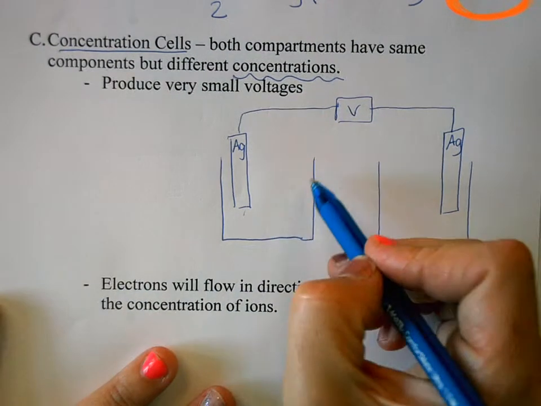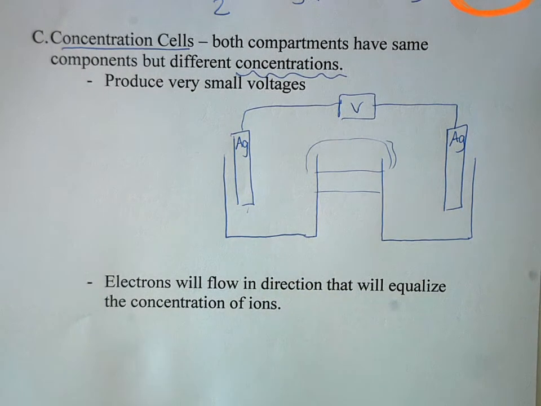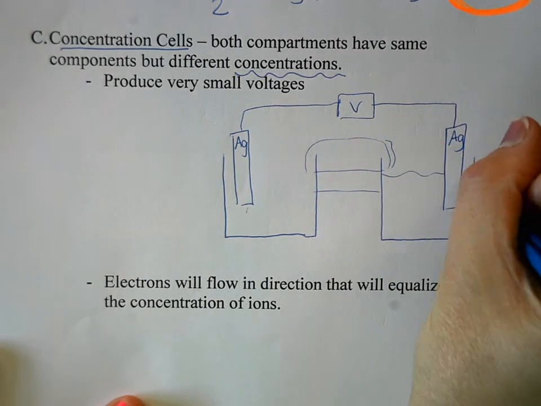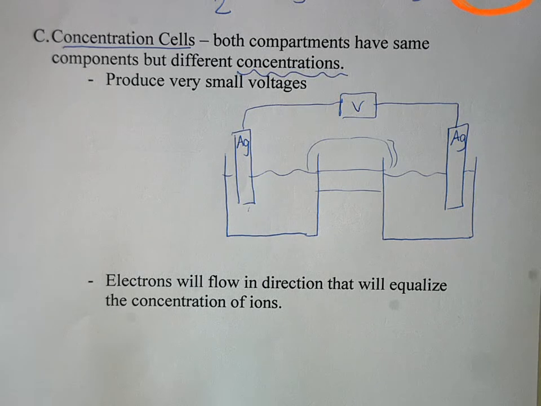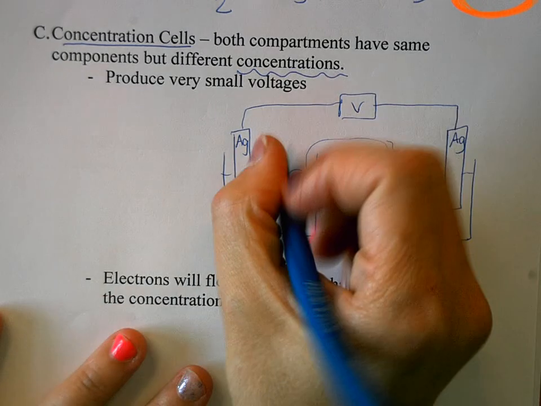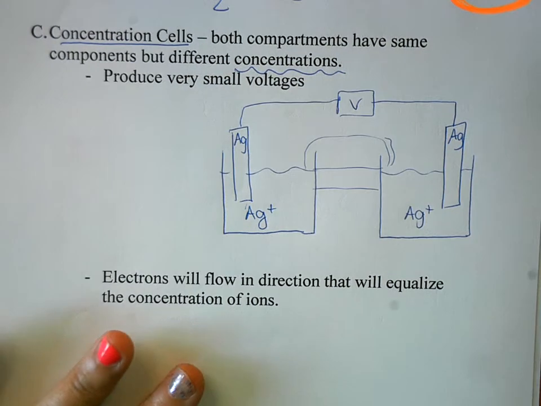And there would be some kind of salt bridge or porous disc in the middle to keep that flow of electrons going. And in my solution, maybe I dump in silver nitrate or something, just because nitrates are always soluble, right? So I would have silver ions in here, silver ions in here.